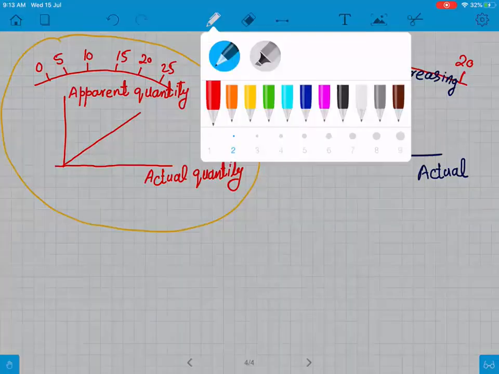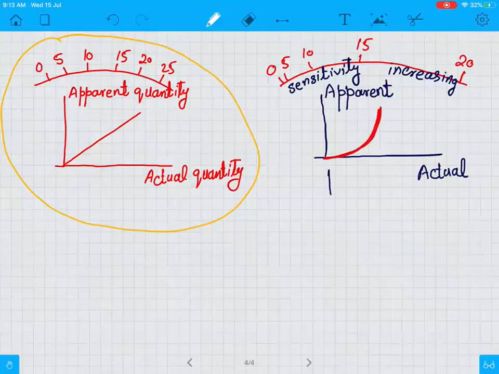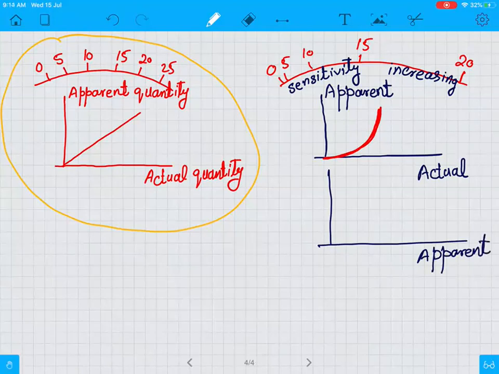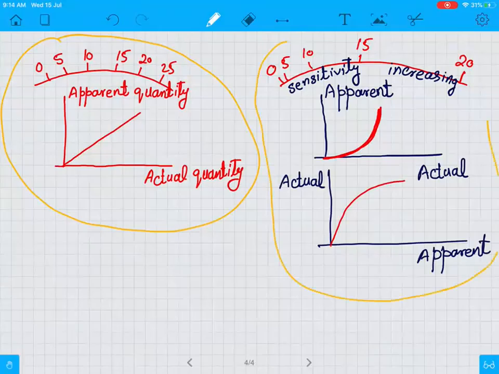And if the axes are changed, if apparent is on the x-axis and actual is on the y-axis, still the graph will bend towards the apparent axis. So the second example is for the device for which the sensitivity is increasing.